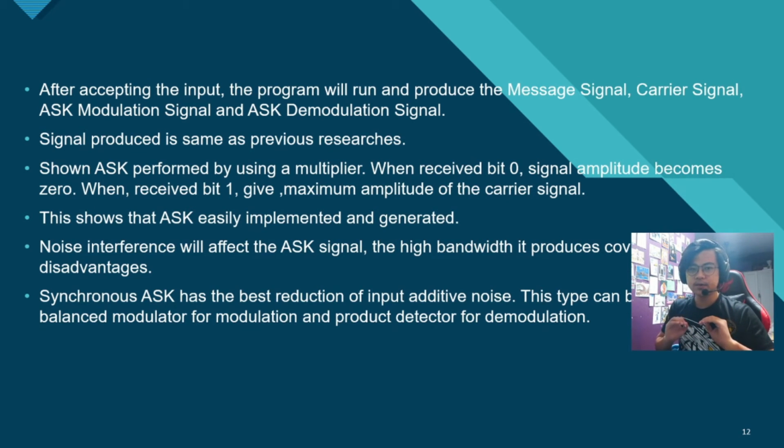Although noise interference will affect the ASK signal, the high bandwidth it produces covers for the disadvantages. Synchronous ASK has the best reduction of input additive noise. This type of signal can be used as a balanced modulator for modulation and a product detector for demodulation.